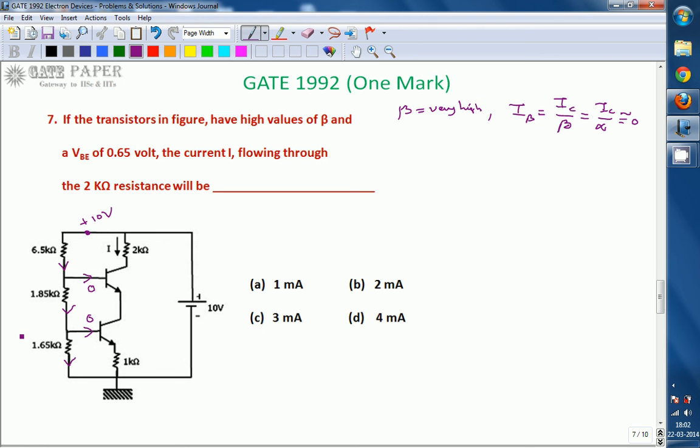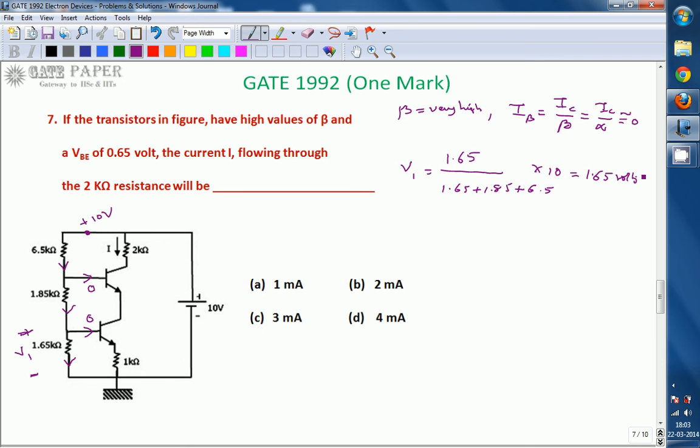Now you can use the voltage division rule to calculate the voltage drop across 1.65 kilo ohms. Say it as V1. So V1 is equal to 1.65 kilo ohms divided by (1.65 plus 1.85 plus 6.5) into 10, which is equal to 1.65 volts.